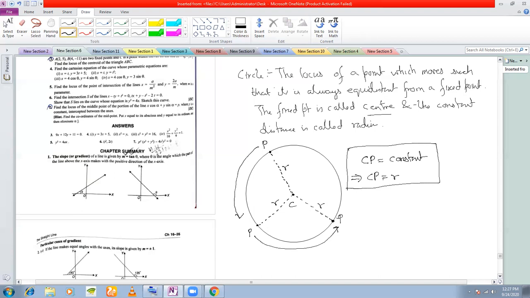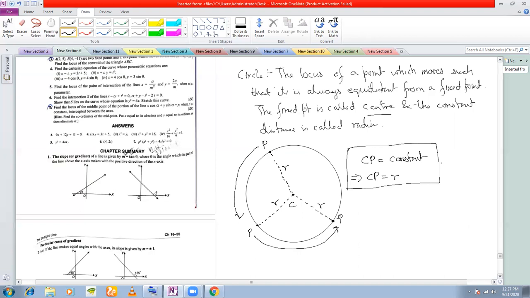When I show you in the next class, this will give you the locus of this point P, and the locus of this point P will give us our standard equation of a circle. When we use the definition of locus, that P always remains at a constant distance from a fixed point, we get the standard equation of a circle.